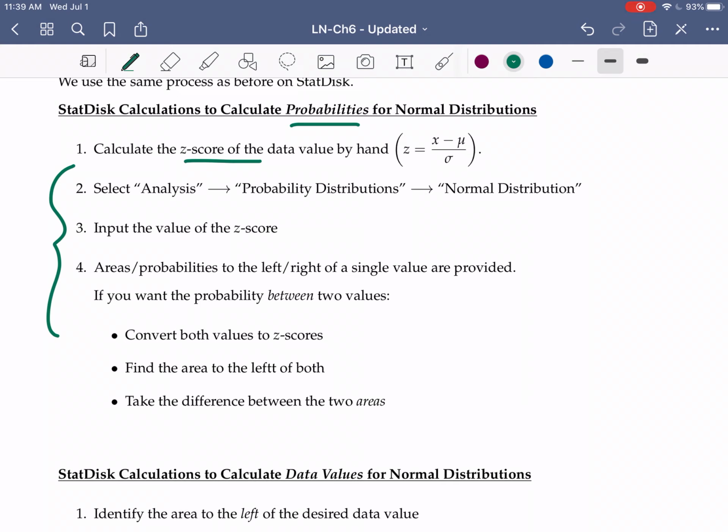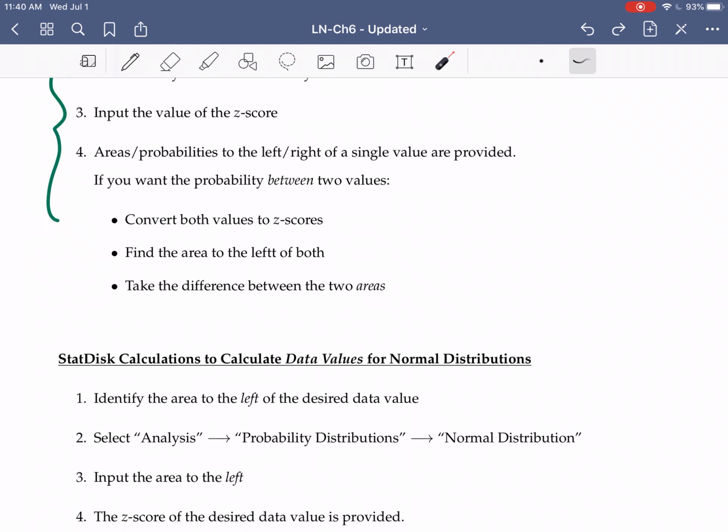We have a little bit of strange things going on if we're trying to find probabilities between two values. So if we want probabilities between two values, then we need to convert both of the values to z-scores, find the area to the left of both or to the right of both, and then we'll take the difference between those areas.